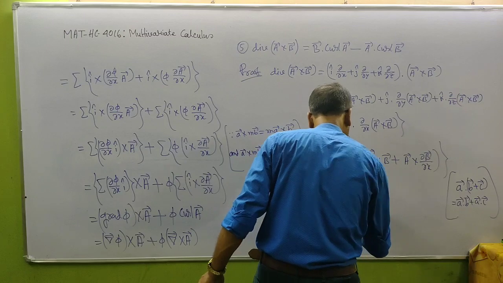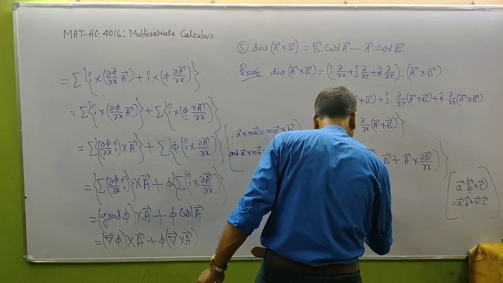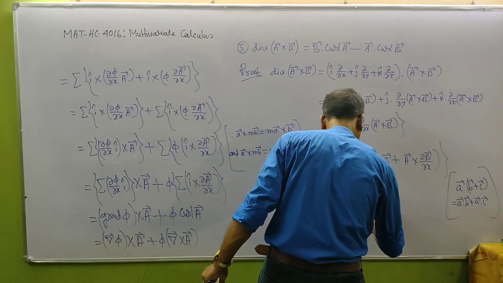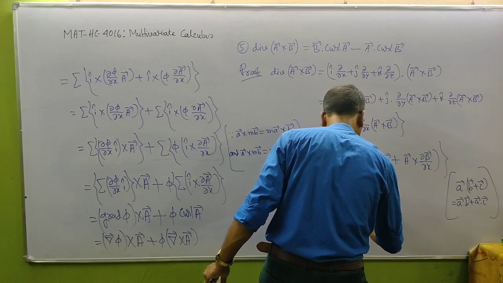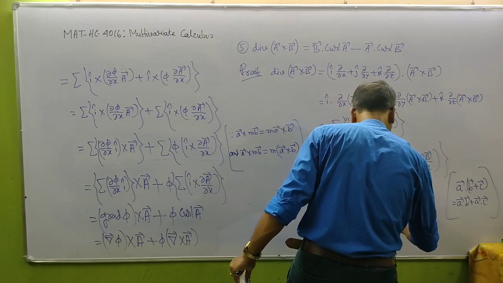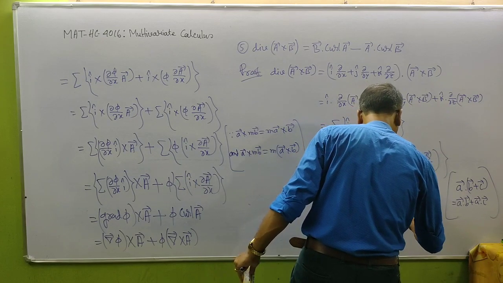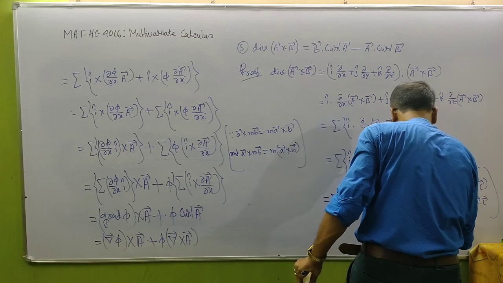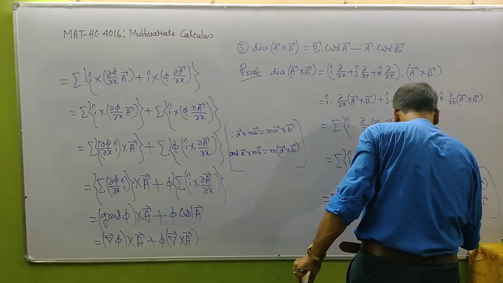This is equal to summation i vector dot del A by del x cross B, plus i vector dot A cross del B vector by del x.